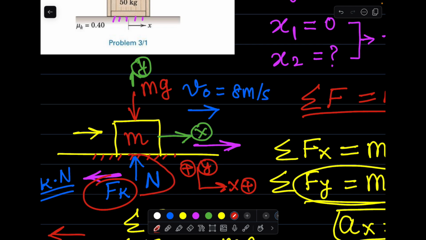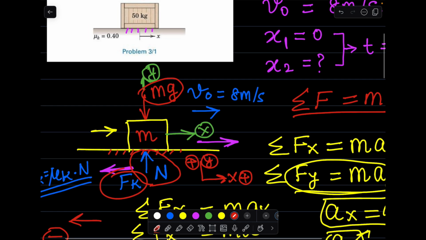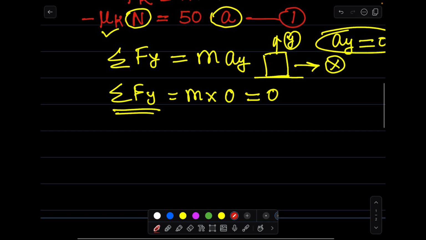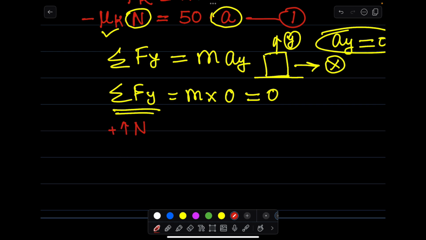One is normal force and another is mg, but both are in opposite directions. So if you see, n is moving upward, so it will be plus, and mg is going downward, so as per our coordinate selection it will be minus. So I can write n, which is moving upward direction, so I took it positive, minus mg, because the direction of the vector is downward, is equal to 0.